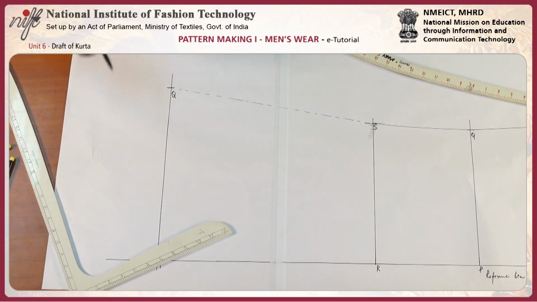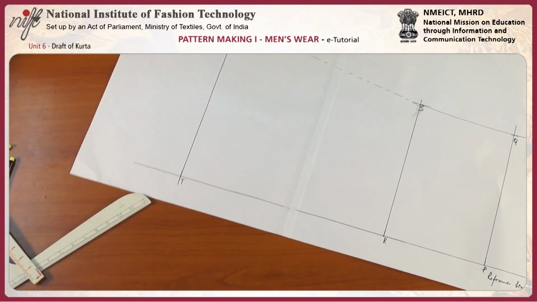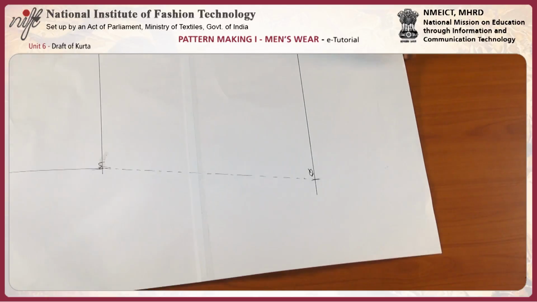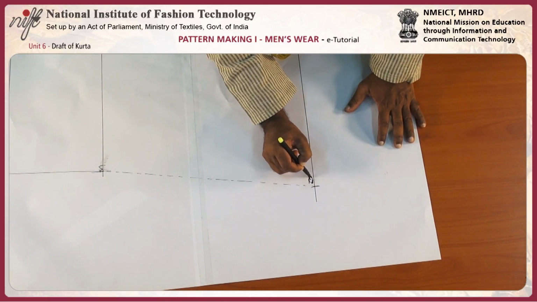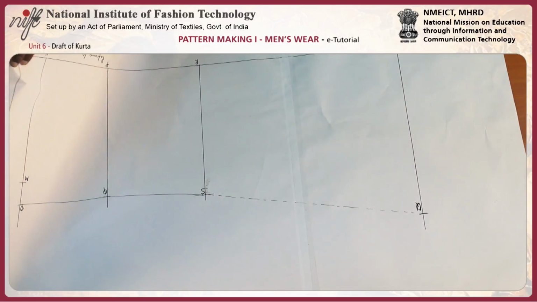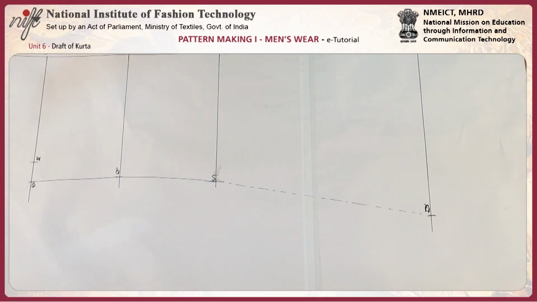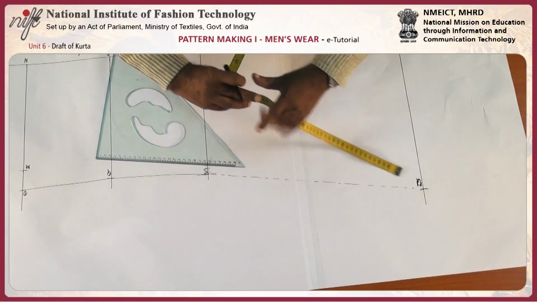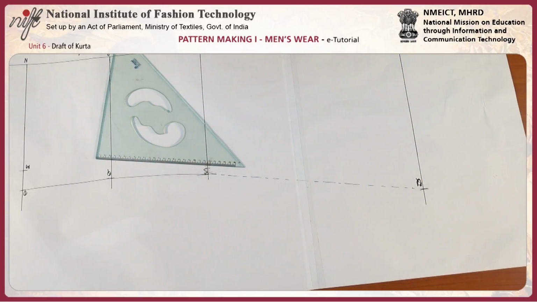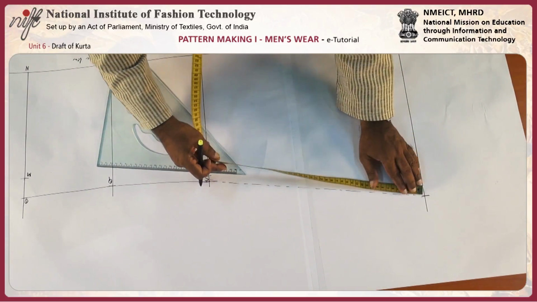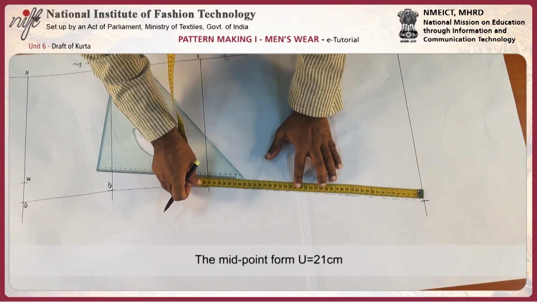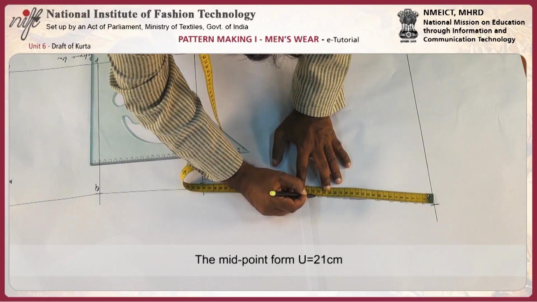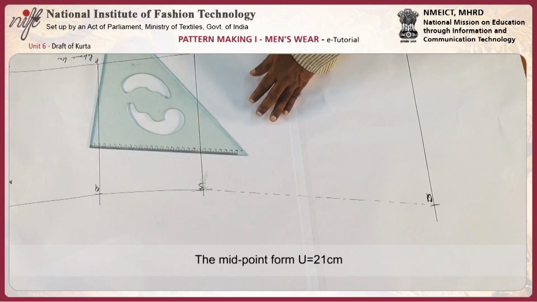Then mark the midpoint from U. Midpoint of U and S is 21 centimeter, where you need to give a cross mark.